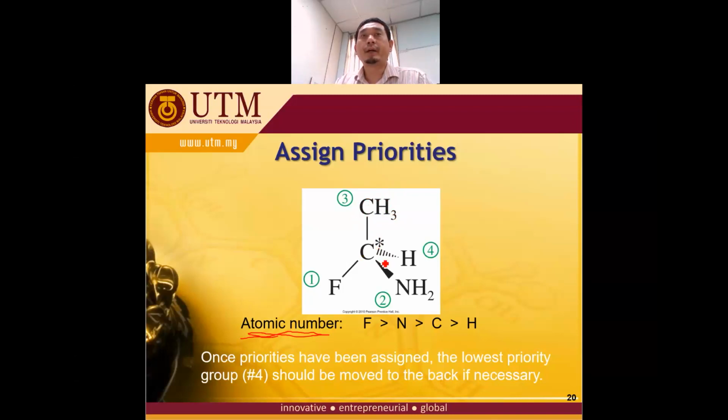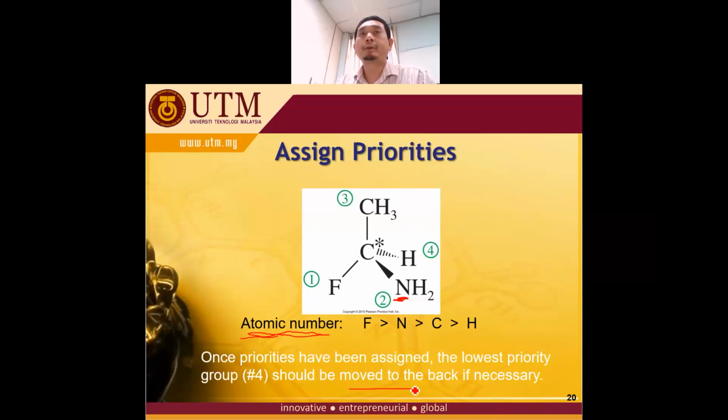In this case they are carbon, fluorine, hydrogen, and nitrogen. Based on atomic number, fluorine is number 1, nitrogen number 2, carbon number 3, and hydrogen number 4.